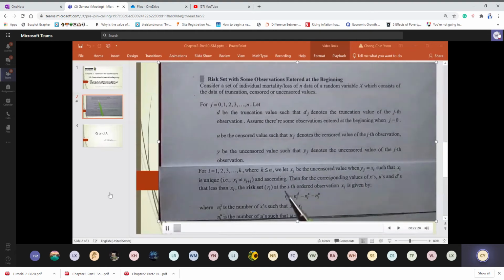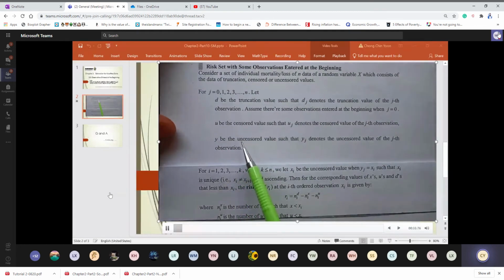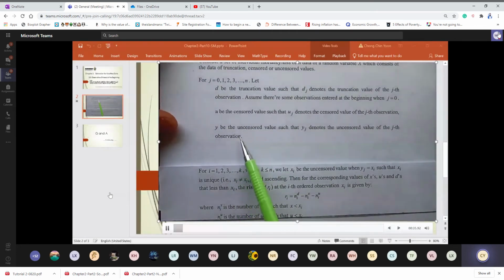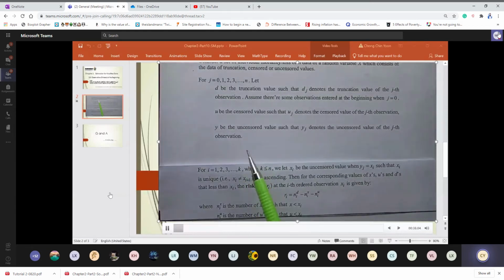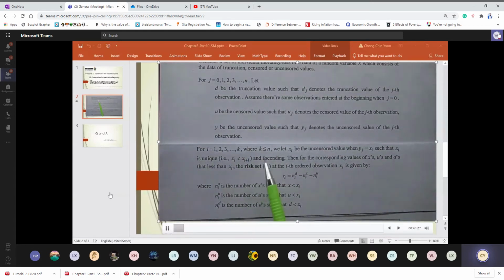As usual, d is for the truncation value, u is for the censored value, and y for the uncensored value. And x is also the uncensored value, where x is unique and ascending.